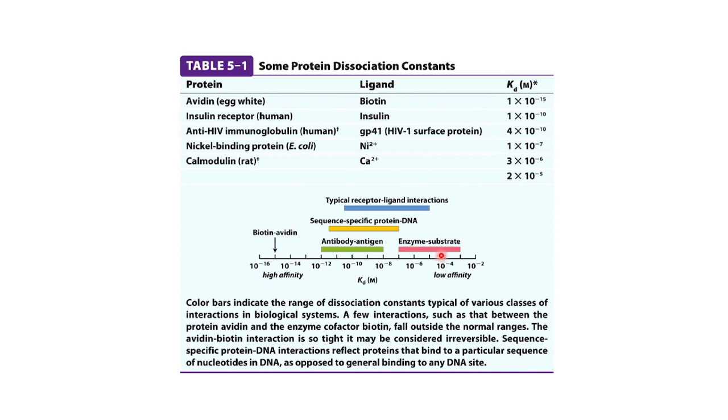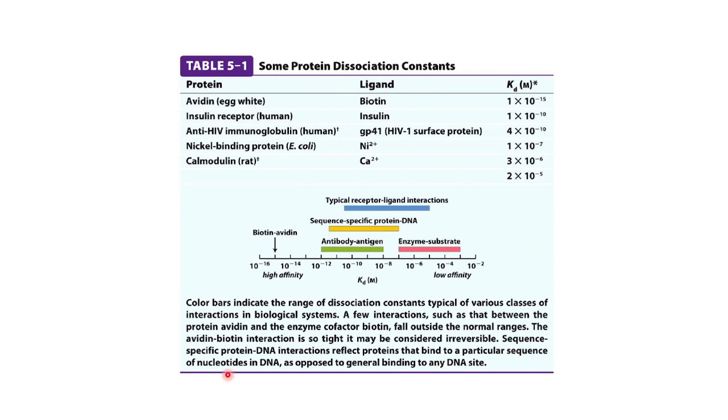So the color bars indicate the range of dissociation constants of the various classes of interactions in biological systems. You see that the interaction between the protein avidin and the enzyme cofactor biotin falls outside the normal ranges. The avidin biotin interaction is so tight that it may be considered irreversible, that you cannot get back to the individual molecules after the complex is formed.